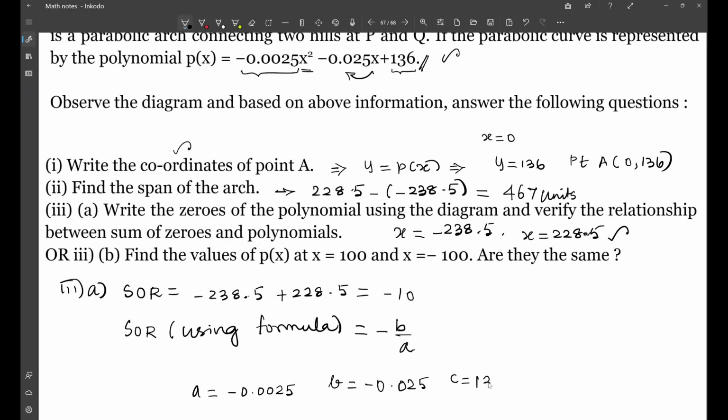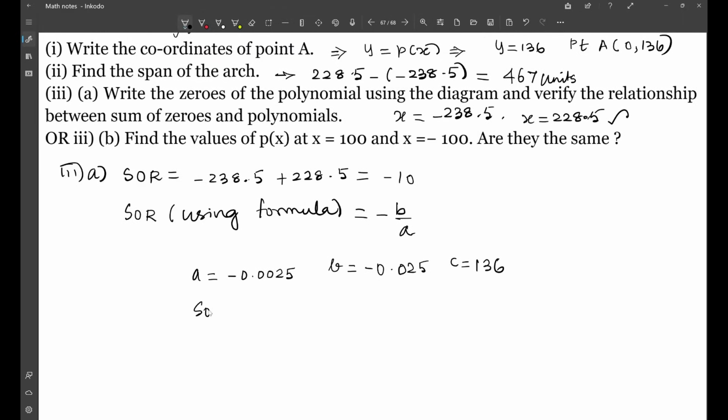C is 136. So the sum of zeros is equal to minus of minus 0.025 divided by minus of 0.0025. So if you cancel minus and minus, you will be left with minus here.